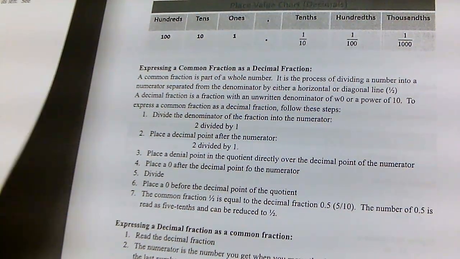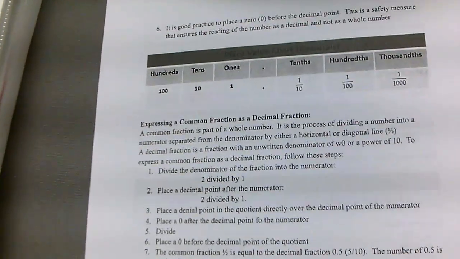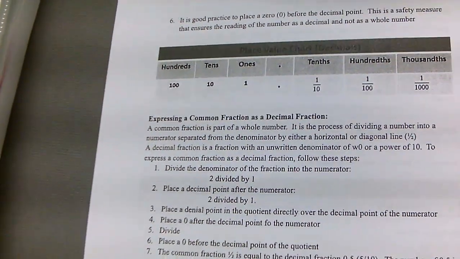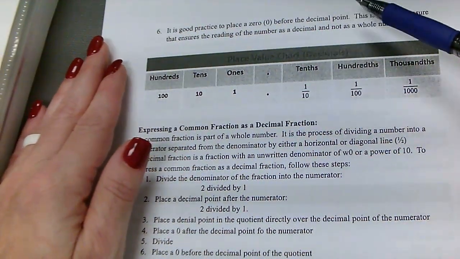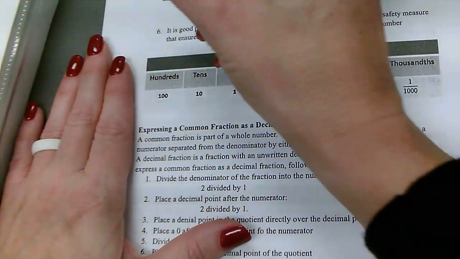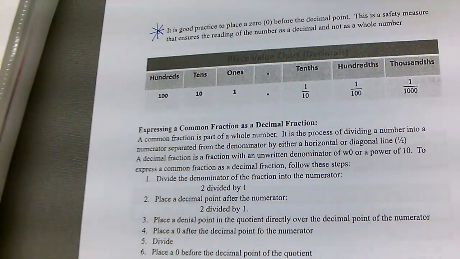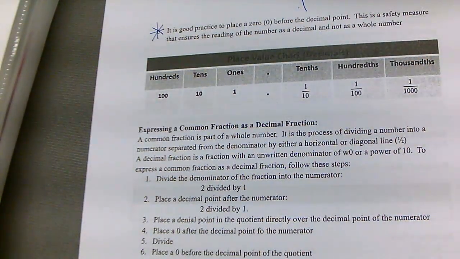So one thing we want to learn is how to express our fractions as decimals and our decimals as fractions. It is good practice to place a 0 before a decimal point. Now this is critical. I want you to highlight this. What it's saying is, let's say you write 0.1.